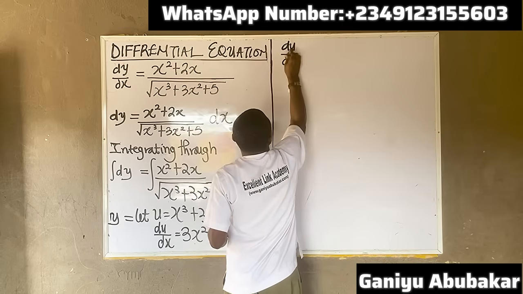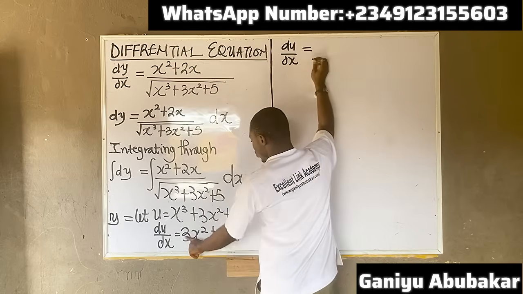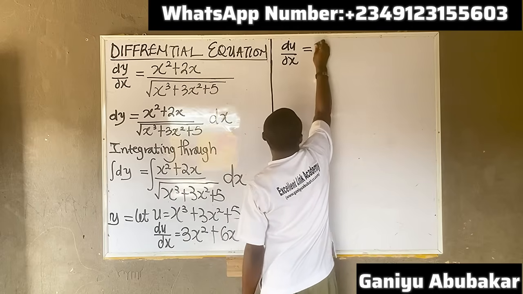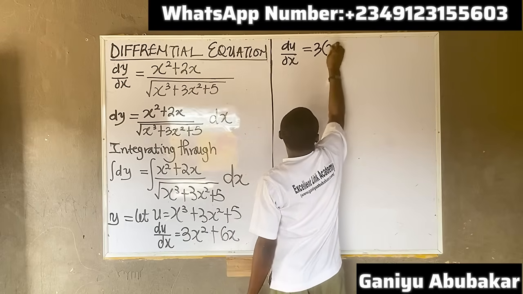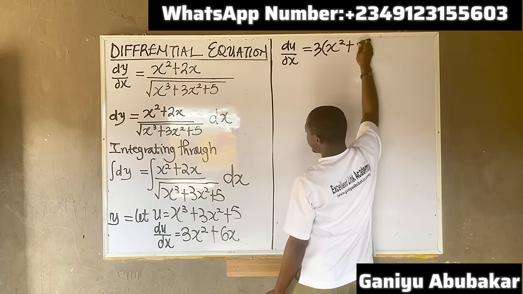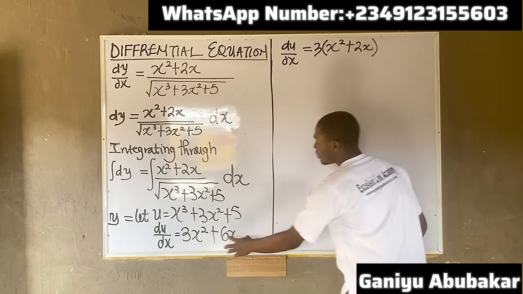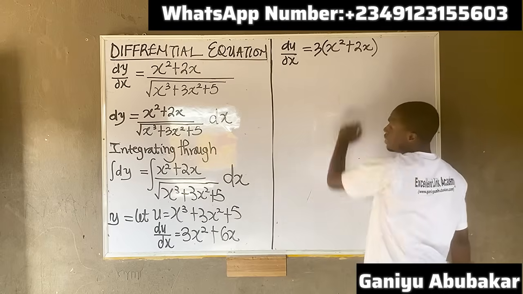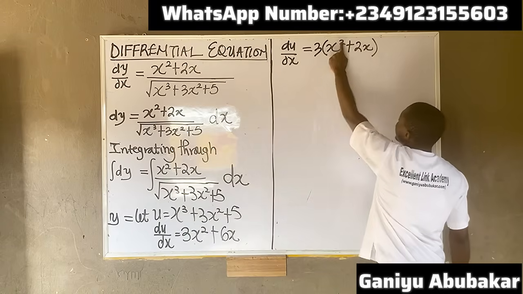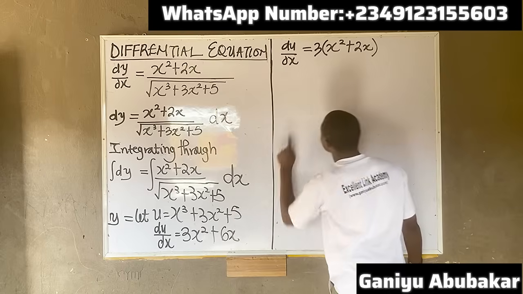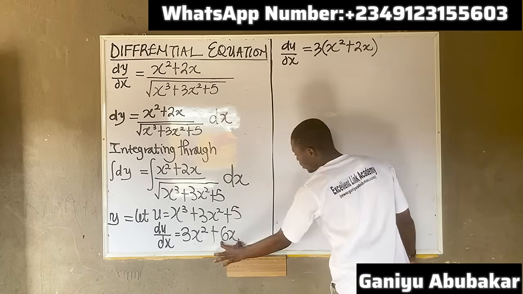du over dx can still be expressed as, what's common here? Let me say 3, take out 3. So that gives you 3 into x squared plus 2x. All right. This value and this value are still the same thing. 3 times x squared gives you 3x squared plus 3 times 2x gives you 6x.